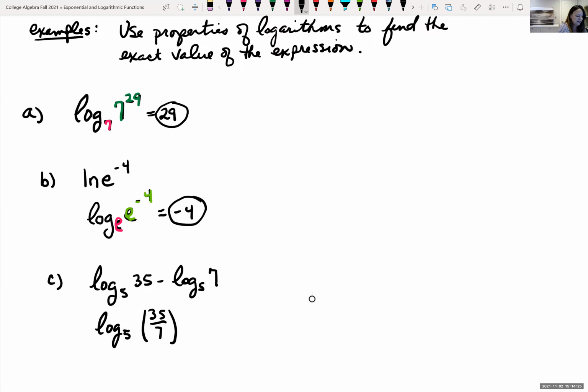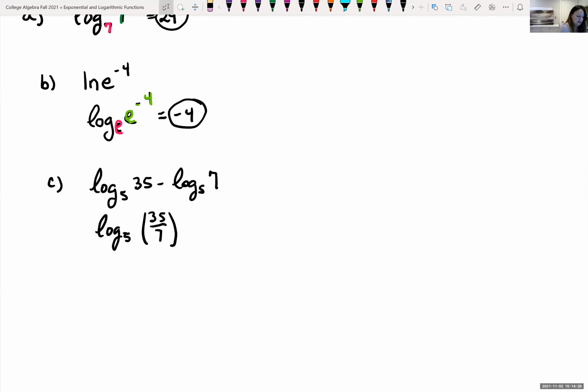If we simplify that, 35 divided by 7 is 5, so we get log base 5 of 5. This is saying, we're going to take 5 to what power to get back 5? Well, we'd have to take 5 to the first power to get back 5. So this is equal to 1.